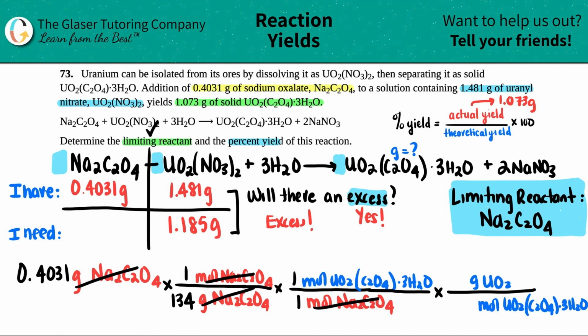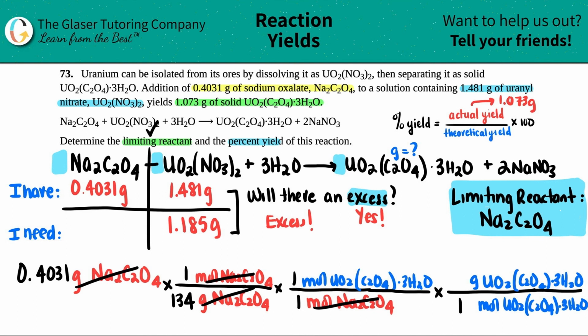So UO2, C2, what is it? C2O4, C2O4·3H2O. This is getting crazy. Sorry guys if I'm being a little sloppy, but I hope you get it, okay? All right, mole to gram, 1 mole, get the number on the periodic table. So let's see, we got a uranium, which is 238. We got 2 oxygens, so plus 2 times 16.